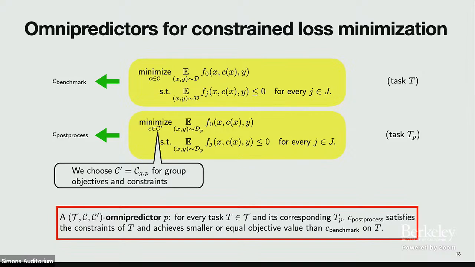In particular, this means that C post-process satisfies the constraints of the original task and then achieves a smaller or equal objective value than C benchmark. Of course, as usual, we need to take an error parameter into our definition, but the details are not very important here.